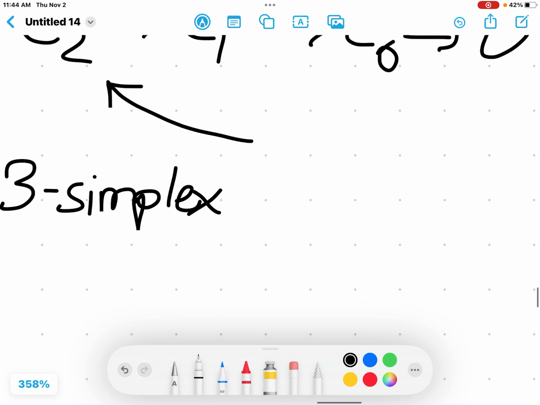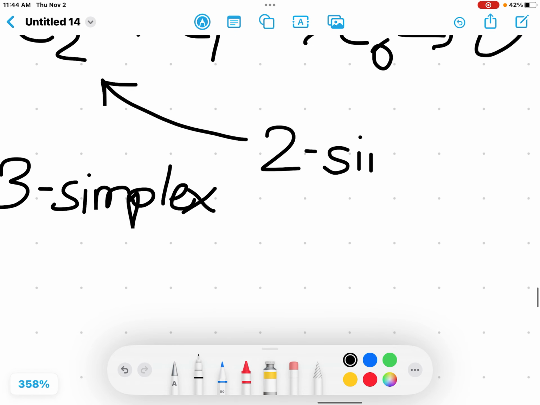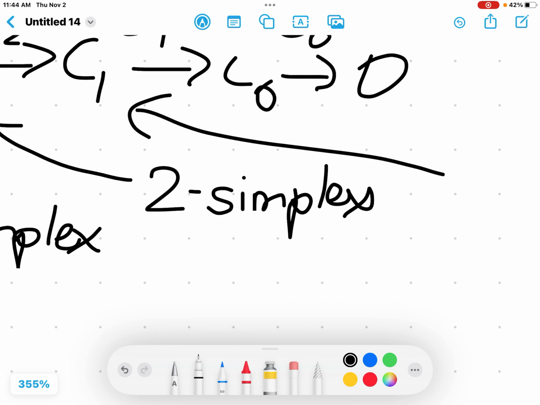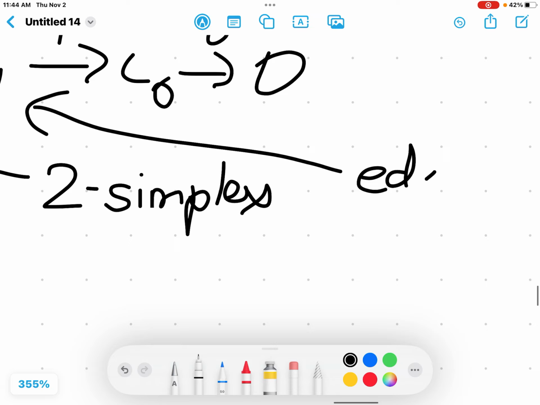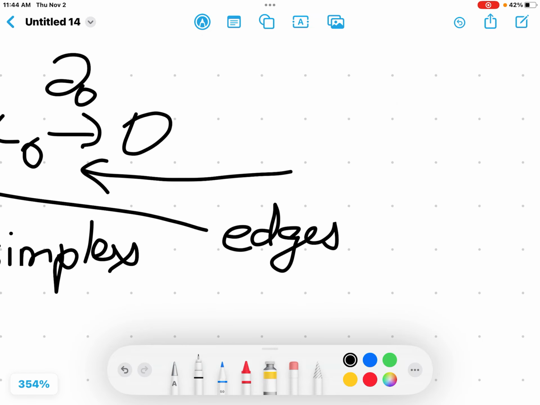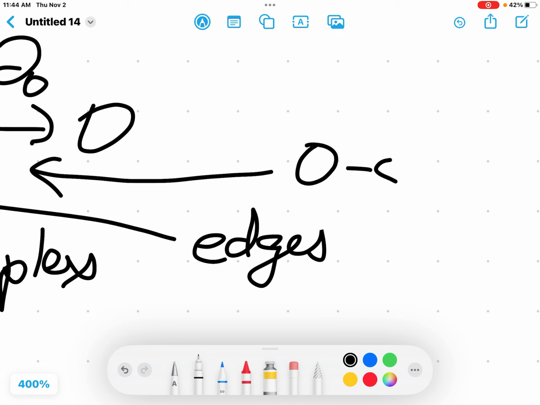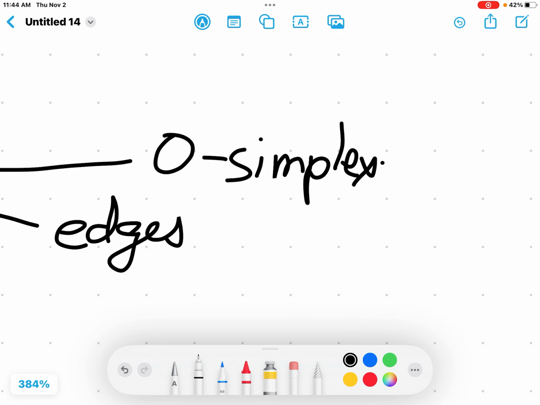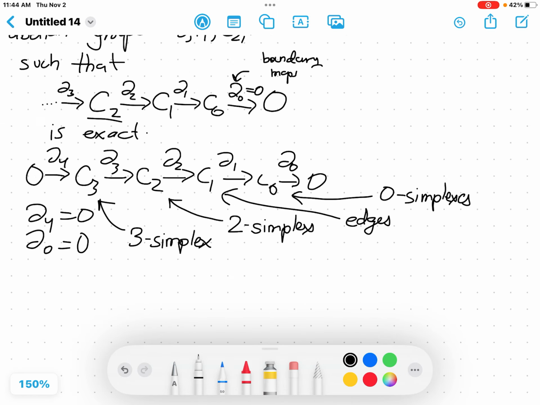C2 corresponds to a bunch of 2 simplexes in your space. C1 corresponds to the edges in your space, or 1 simplexes, and C0 of course is your 0 simplexes, or your nodes, if we use the terminology of graph theory.